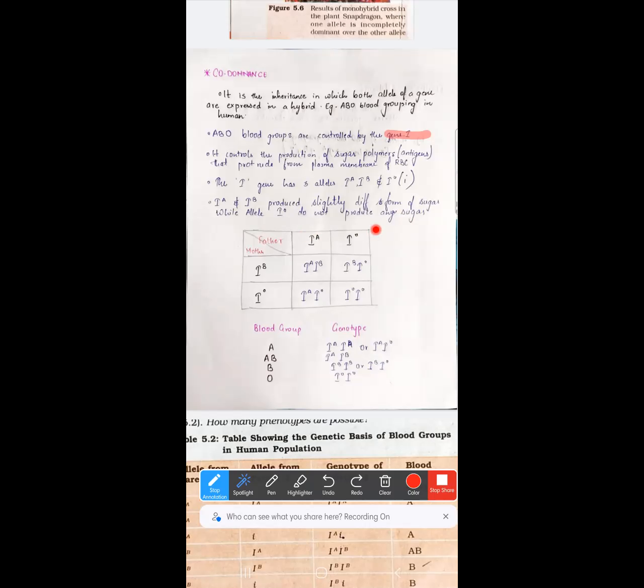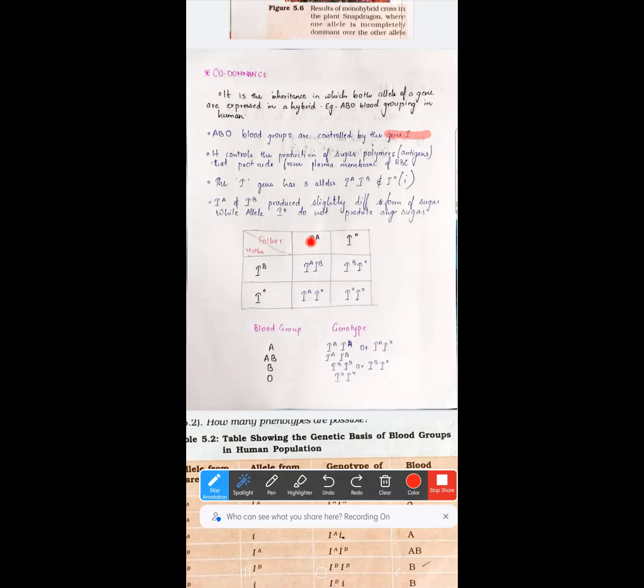So, if the genotype is IA and IO, since I naught does not produce any kind of sugar, the phenotype will be A. Same in case of IB and I naught.